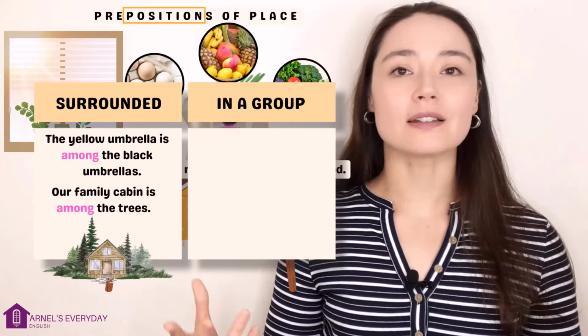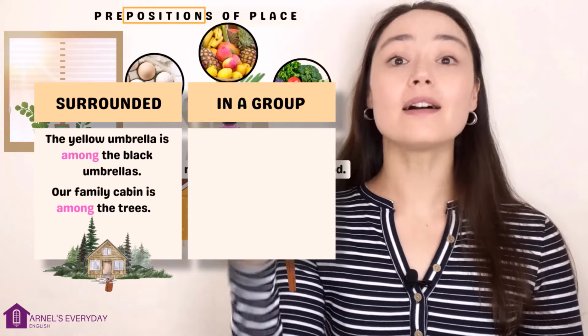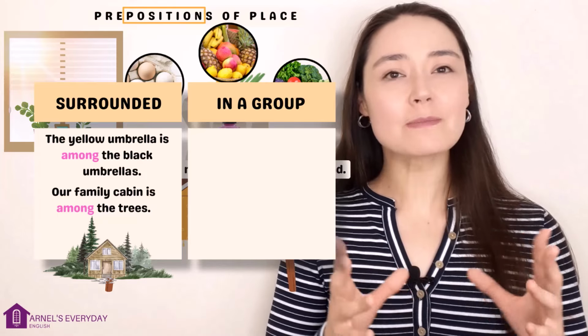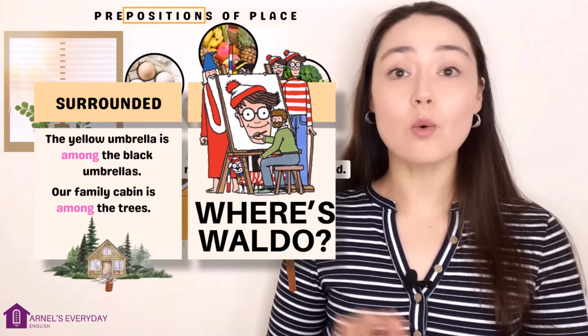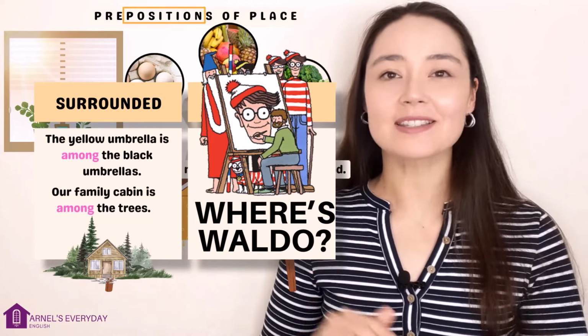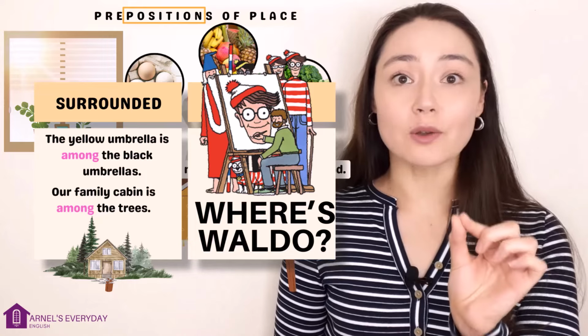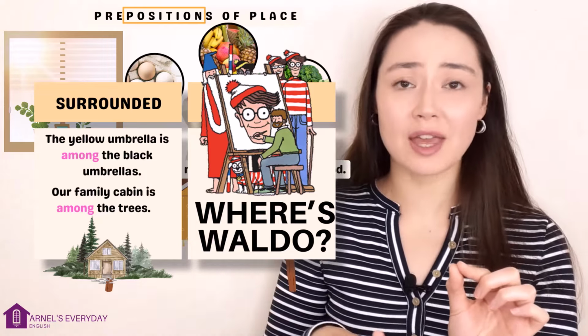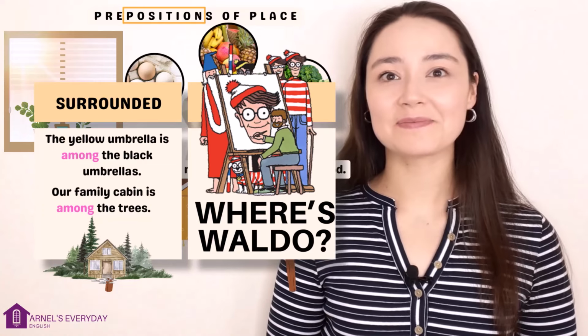Oh, it's so pleasant. Do you know the famous book series, Where's Waldo? You need to find Waldo, the character, among all the other people, all the other things that are distractions.